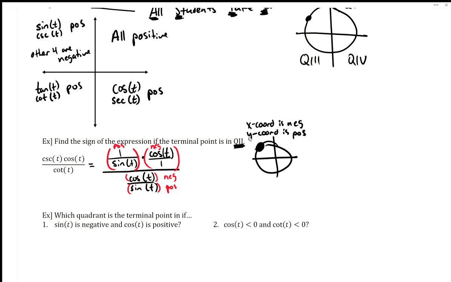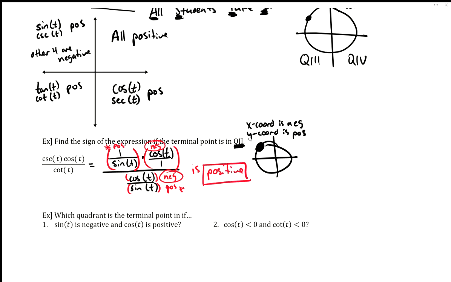I'm just looking at the sign, multiplying and dividing these all together. So I have a positive and a negative and a positive, all multiplied. These two negatives would multiply or divide to be a positive, and then the leftover positive times a positive times a positive is positive.